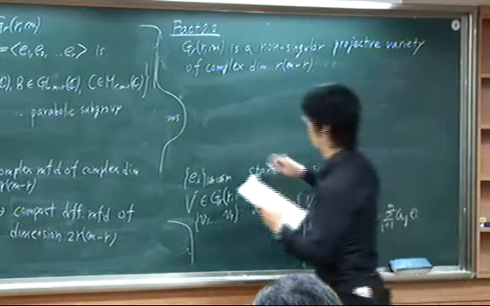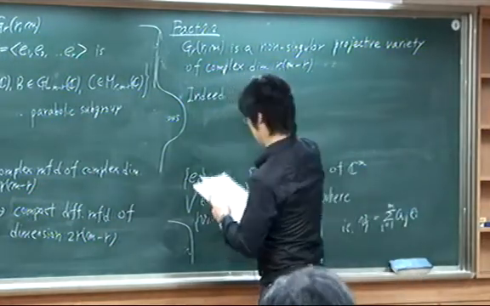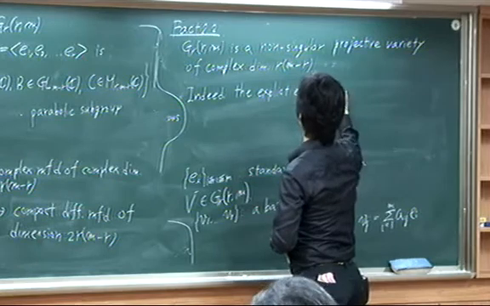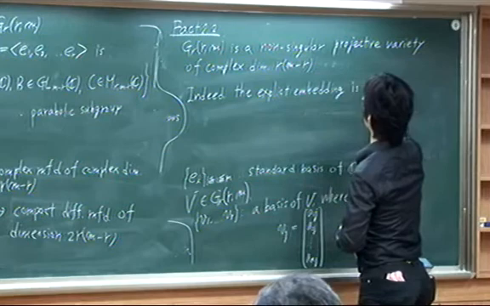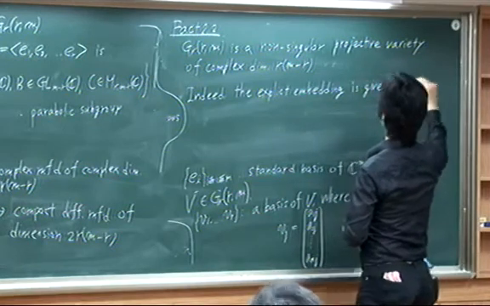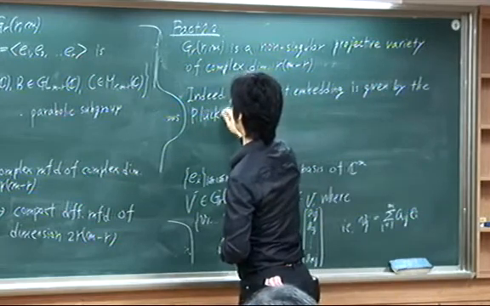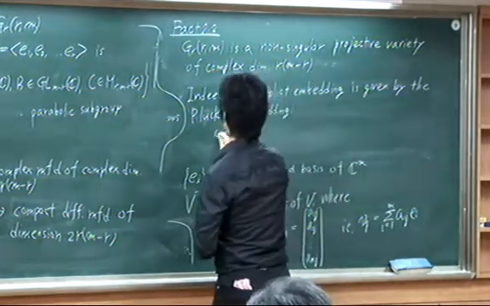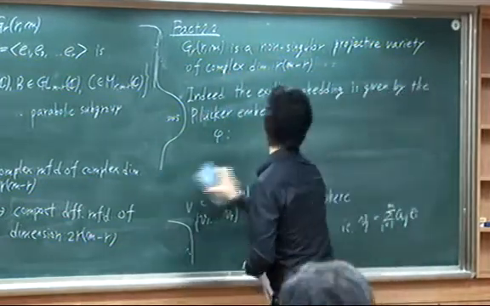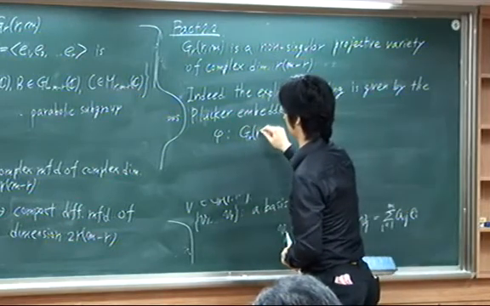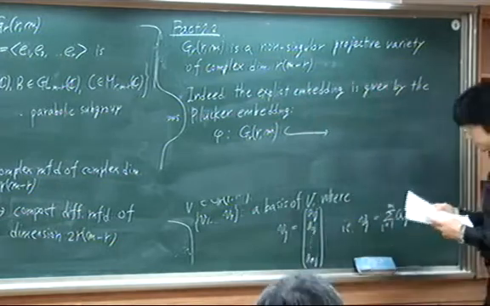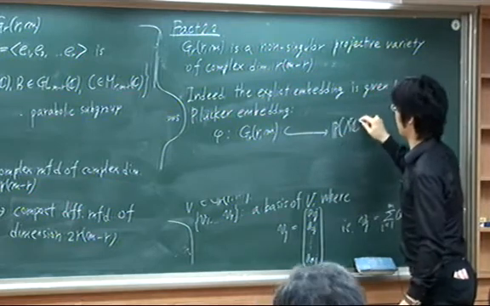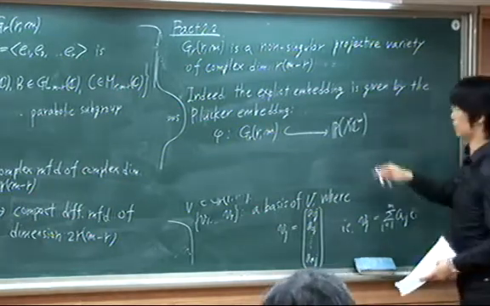The explicit embedding is given by the Plücker embedding. The Plücker embedding is defined by the projectivization of the exterior power.